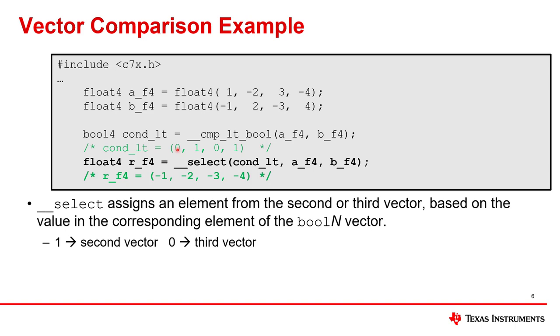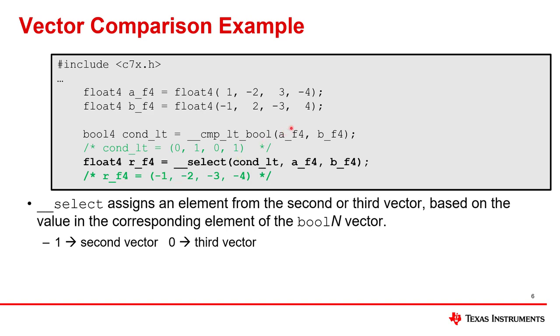You go to 0 in the first element of the cond LT Boolean vector. That means we're not going to select from A, but from the third vector, which is B. That value is -1, and so this -1 gets copied into here, and so on and so forth.